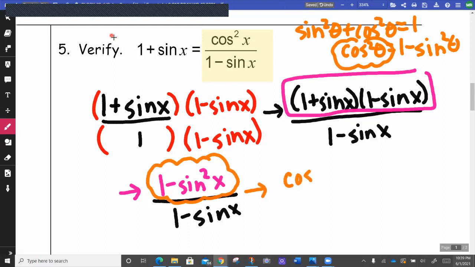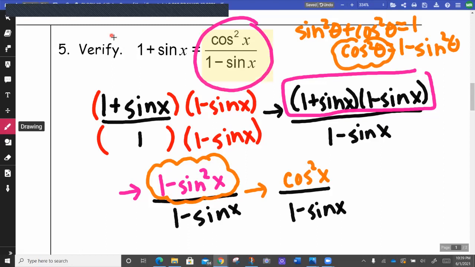So I can rewrite the top as a cosine squared x. And on bottom, I have 1 minus sine x. And what I was trying to get right here is cosine squared x over 1 minus sine x. So my left ended up becoming my right.